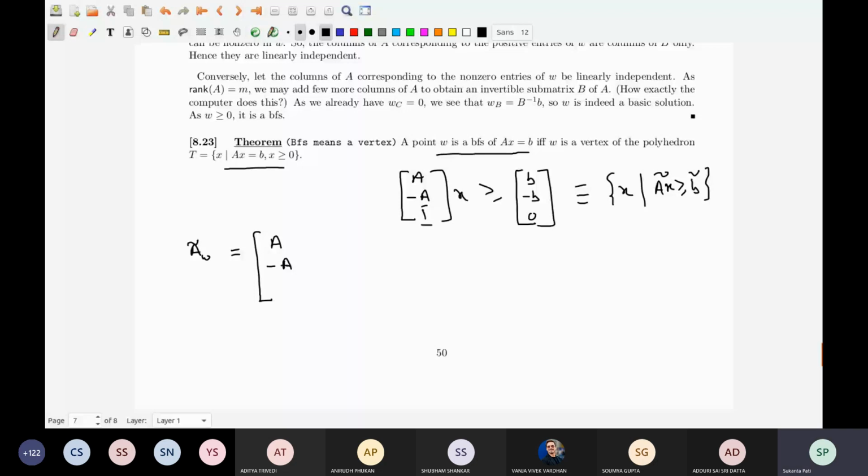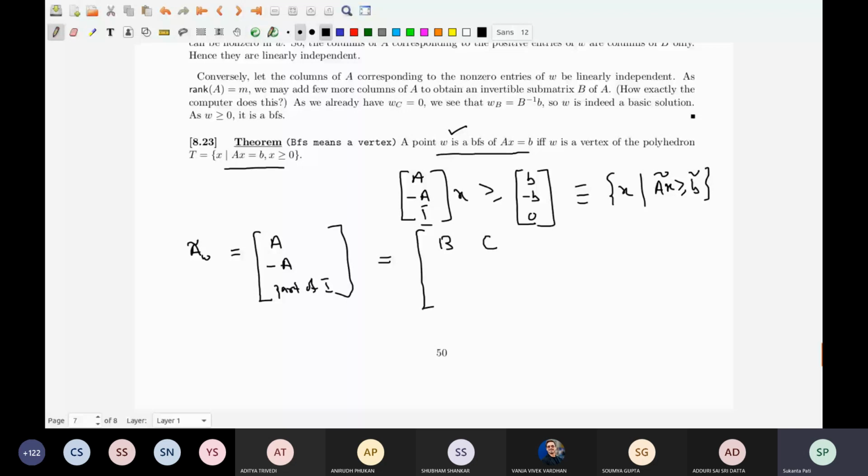So for that, let me write, since you have said W is a BFS, what is its basis matrix? For simplicity, let me write this as the basis matrix B and this as C. A I am writing as B, C. B for basis matrix, C for remaining. So I have minus B, minus C.